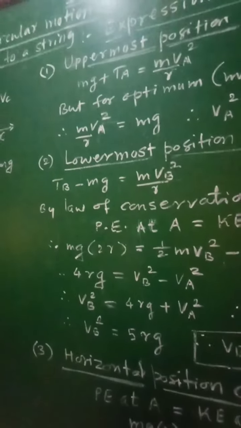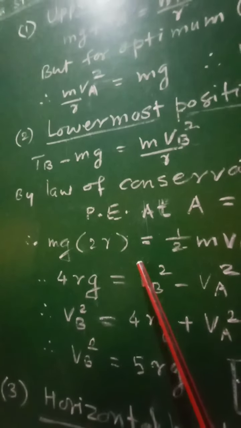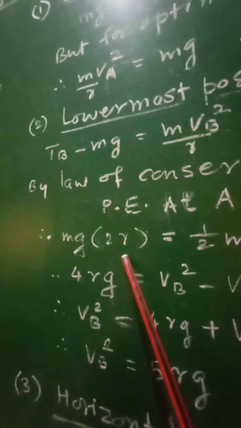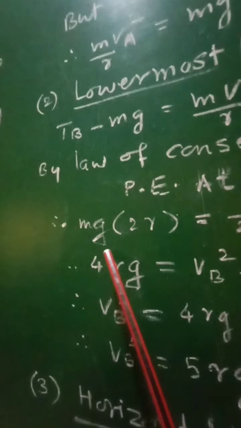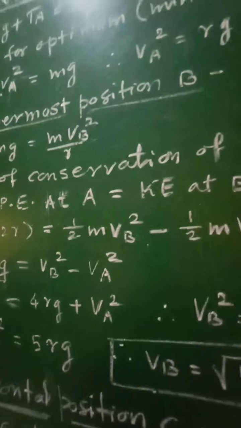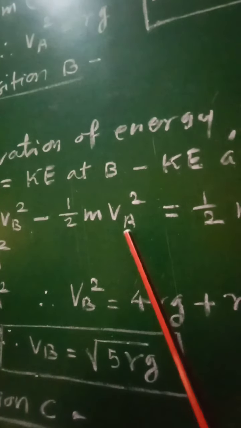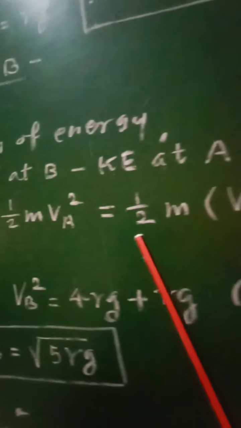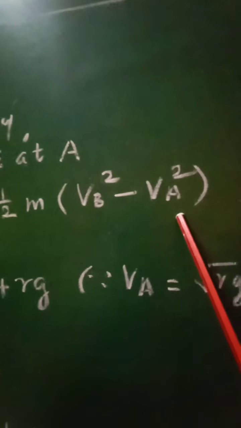And hence, by formula we can write mg into 2r. Potential energy is mgh, but for position A, h will be equal to 2r, and therefore mg into 2r equal to half m VB square, that is kinetic energy at B, minus half m VA square, that is kinetic energy at A. That will be equal to half m into VB square minus VA square, taking half m common.